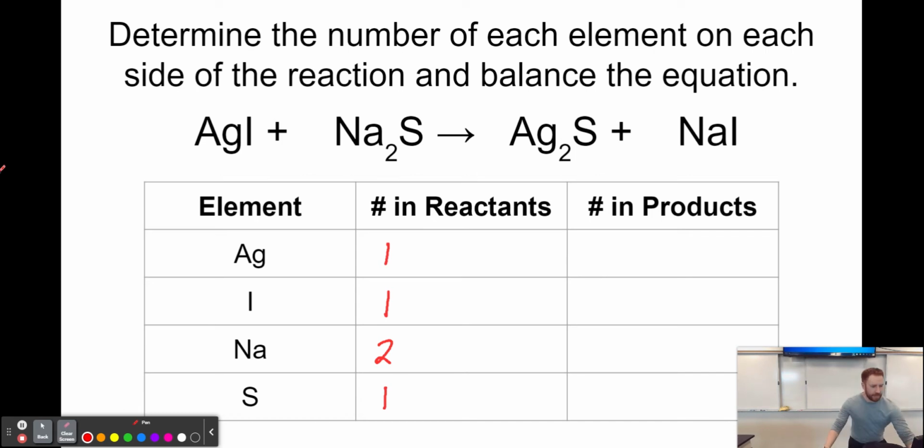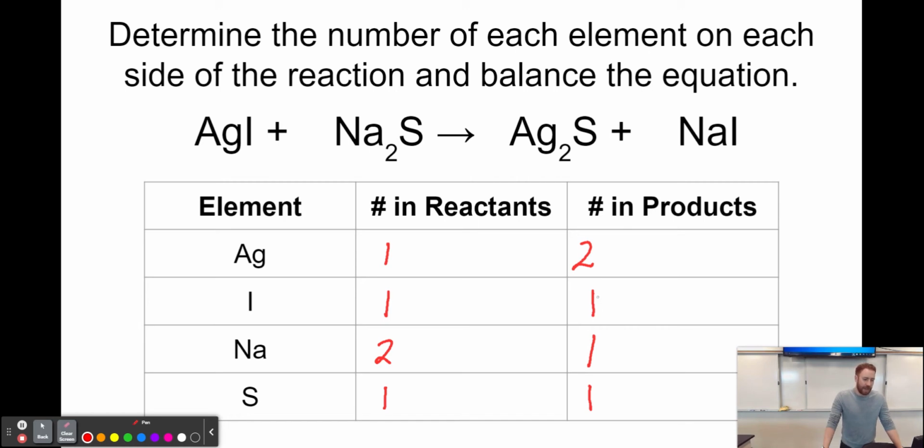And on the right-hand side, there are 2 silvers, 1 sulfur, 1 sodium, and 1 iodide. So as you can see, they are not balanced. We've got more silver in the products than the reactants and more sodium in the reactants than the products. So both of those things are the things that we need to deal with.